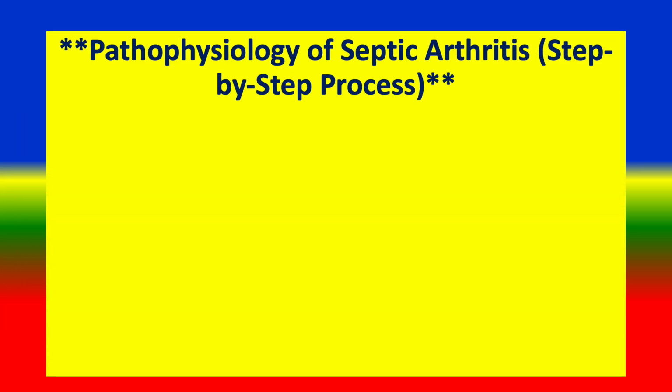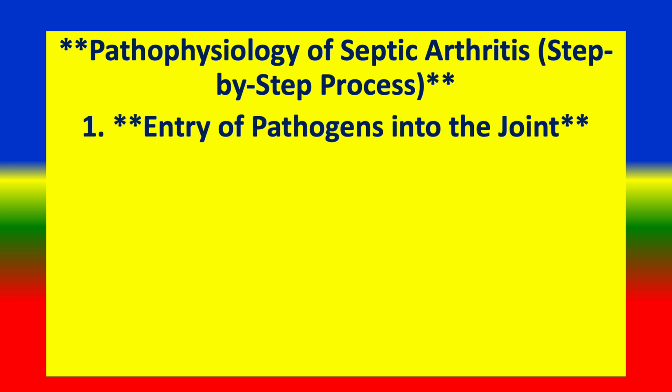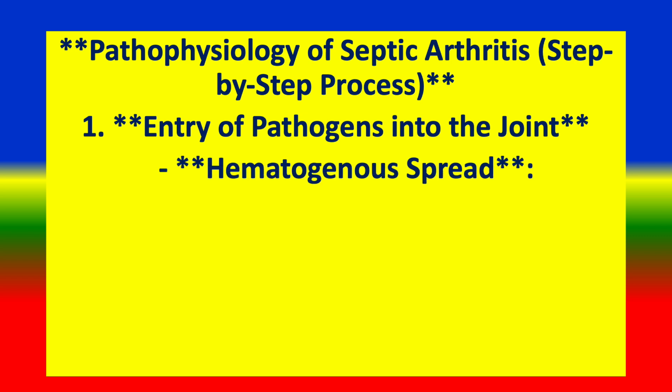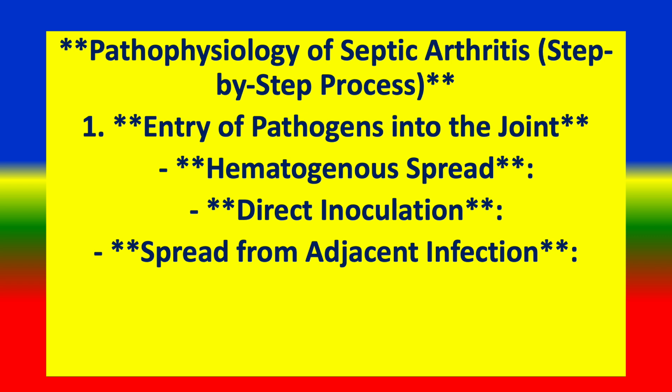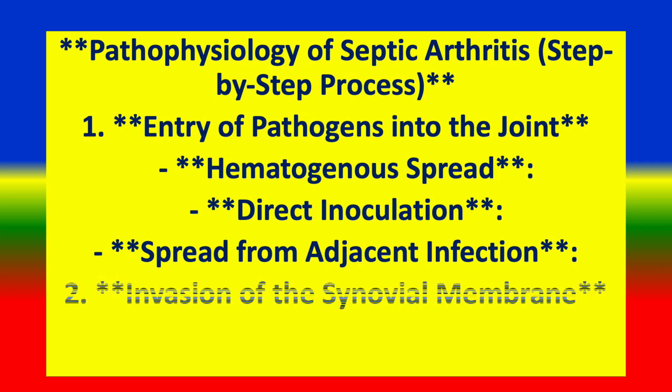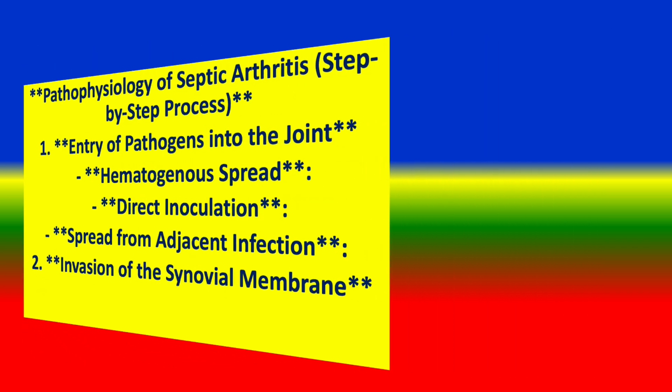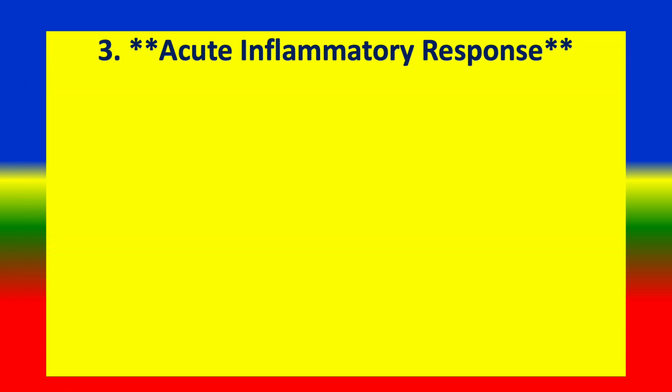Pathophysiology of septic arthritis, step-by-step process. 1. Entry of pathogens into the joint: hematogenous spread, direct inoculation, spread from adjacent infection. 2. Invasion of the synovial membrane. 3.